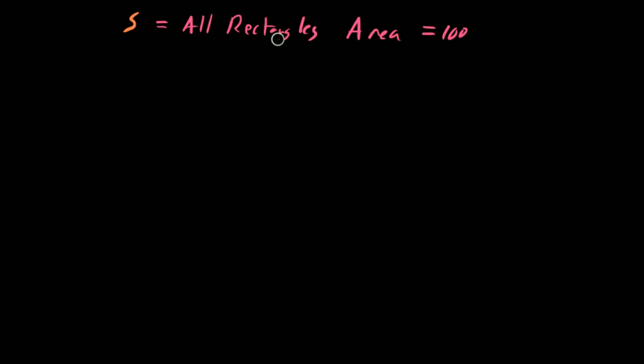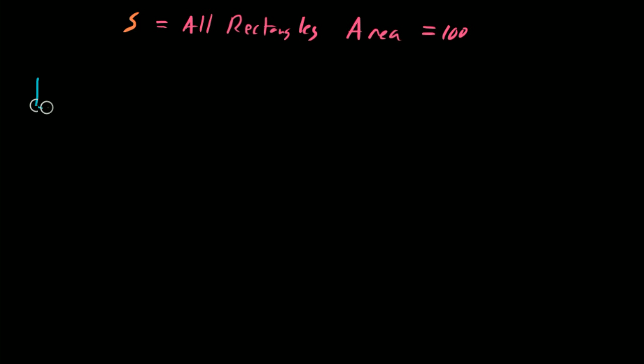So you can probably take a guess, how many are there? A finite number of rectangles where the area is going to be 100? And no, there are an infinite number of different rectangles. So there are infinitely many different rectangles that we could draw.